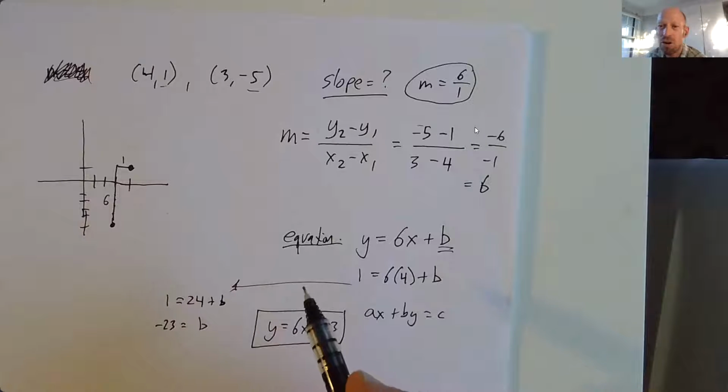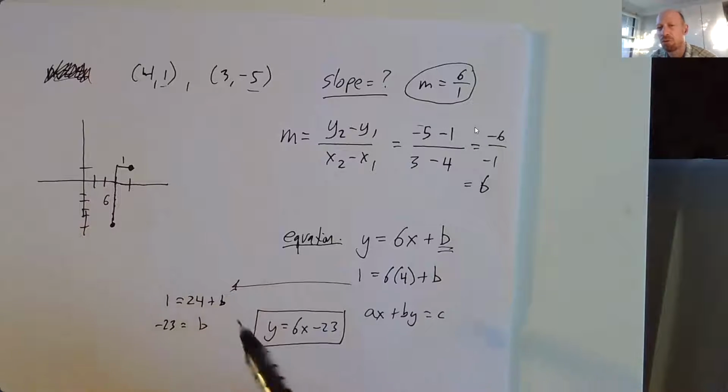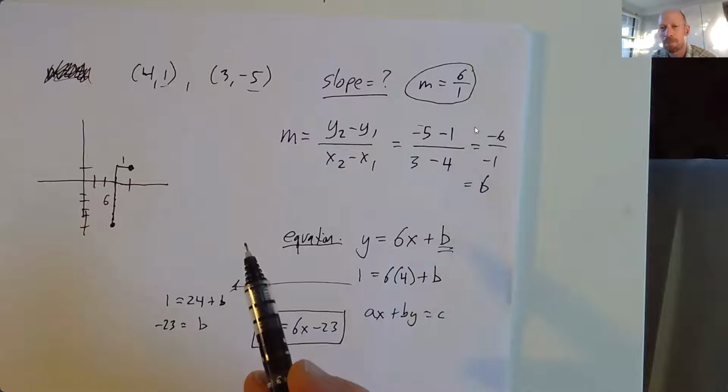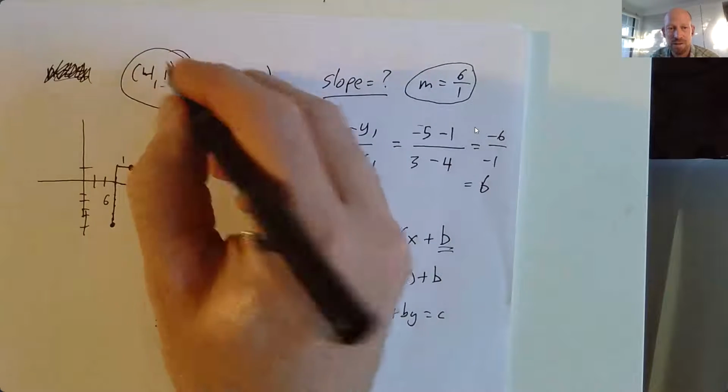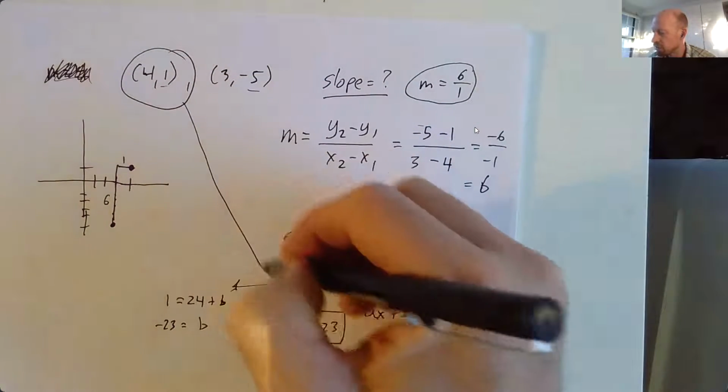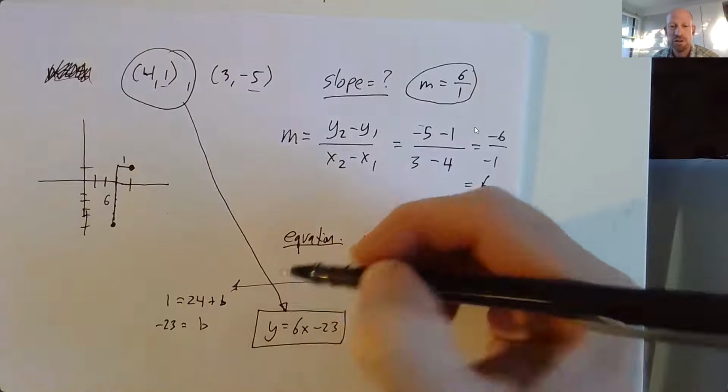So you could look at the slope, but what does it mean for a line to go through a point? Can't you use that point for the equation, like one of those 2 points? Yeah, so if I take this point and put it into this equation, what should happen?